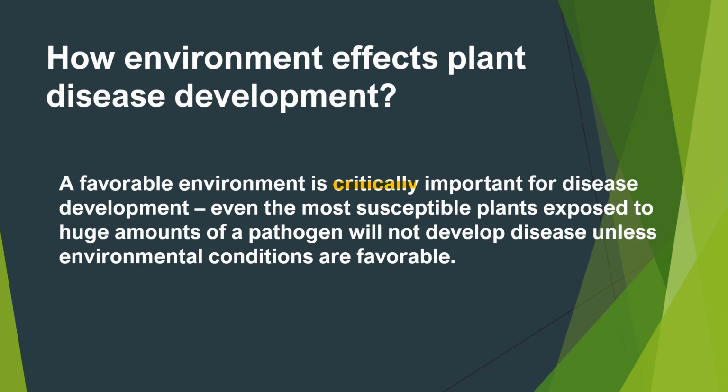Even the most susceptible plants, if they are exposed to a huge amount of pathogen, will not develop disease unless the environment is favorable for the pathogen to flourish. So this indicates the importance of the environment in disease development.